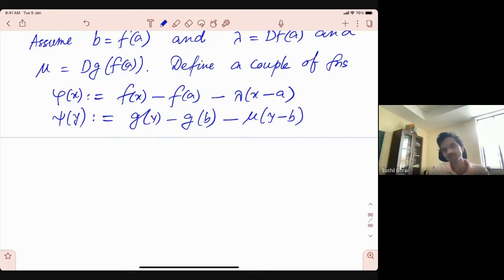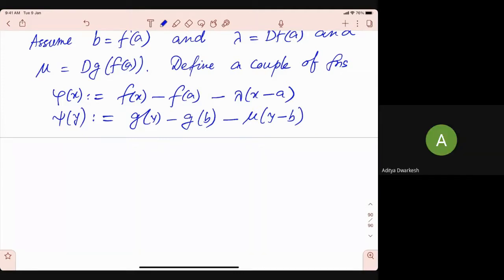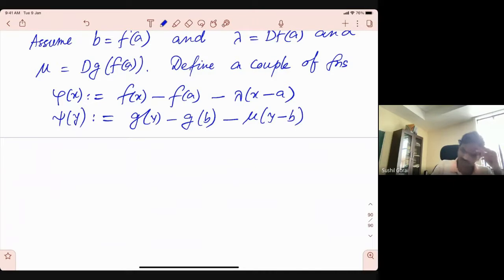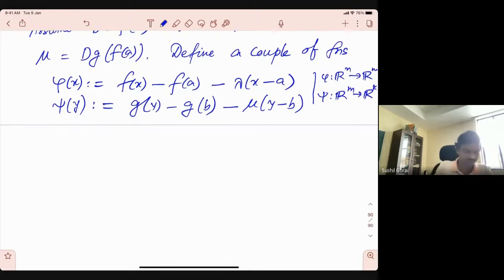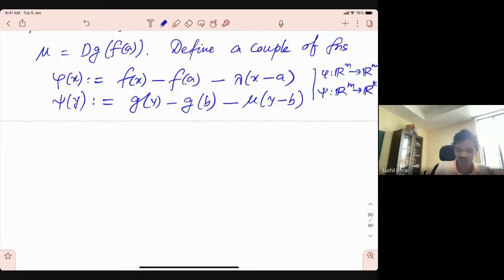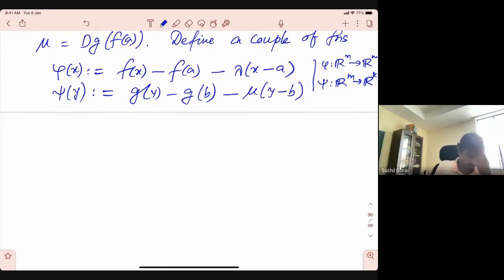So psi is from R^m to R^k. Here phi is from R^n to R^m and psi is from R^m to R^k. These are the numerators of the limits, which going to 0 gives you the differentiability.